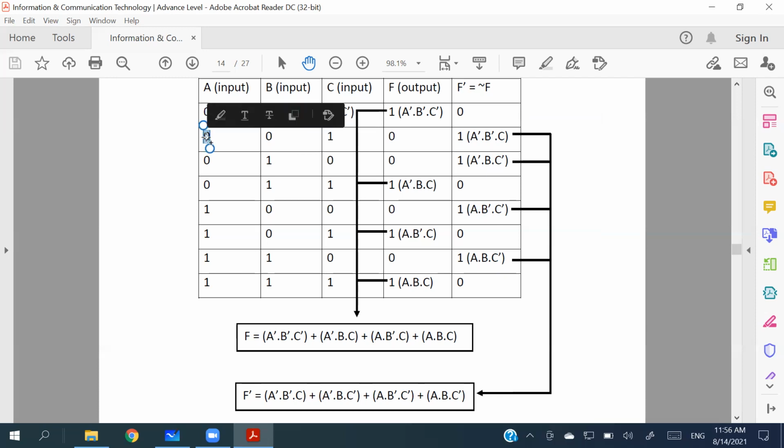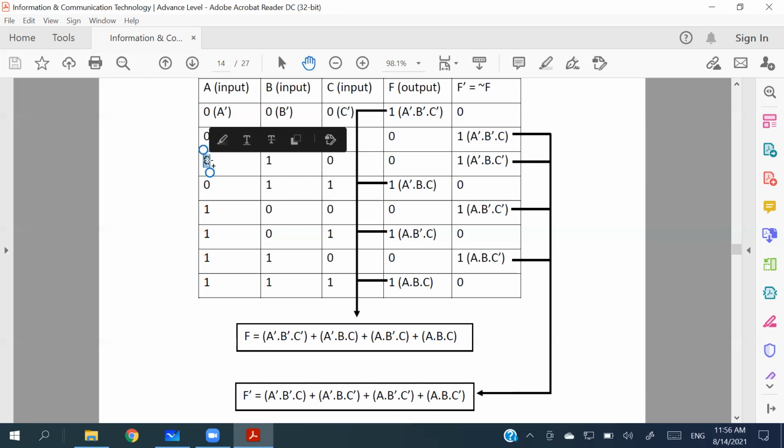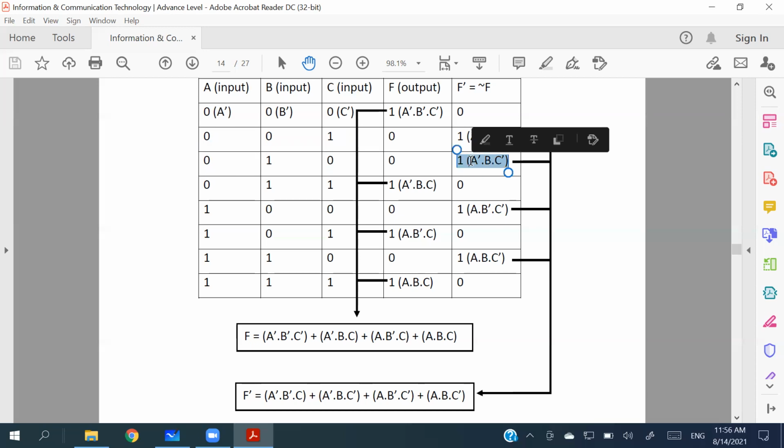So that means A bar, B bar, and C. So you can see A bar dot B bar dot C is there. And we consider the next one, which has 0, 1, 0. So that means A bar, B, C bar. So we write it like A bar dot B dot C bar.